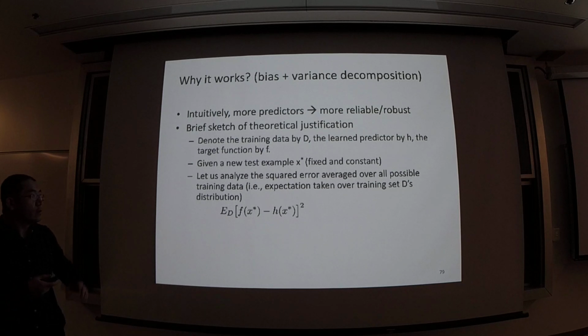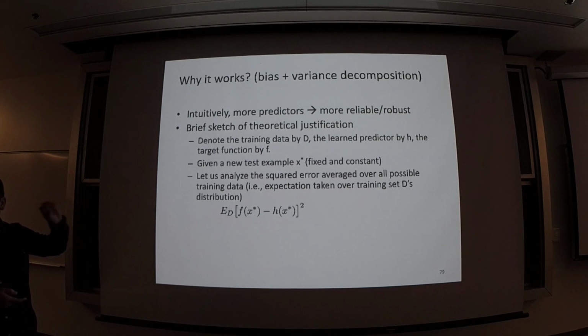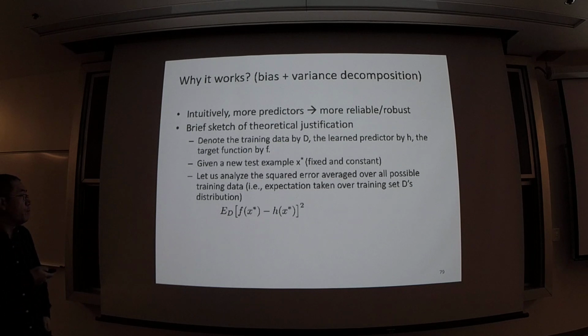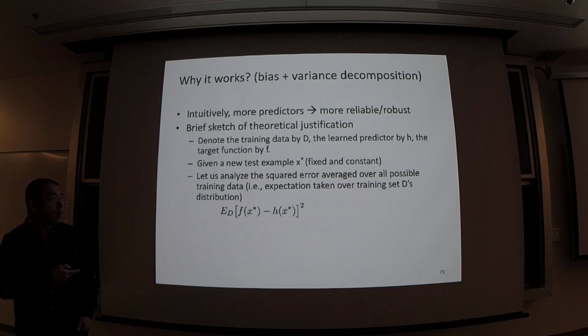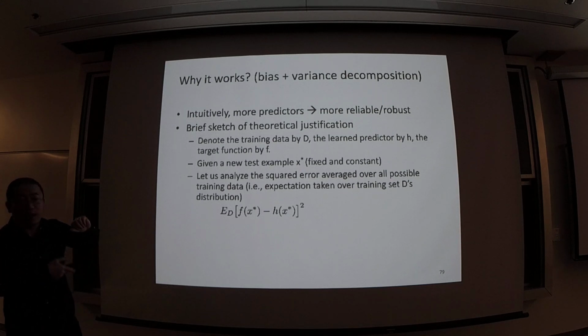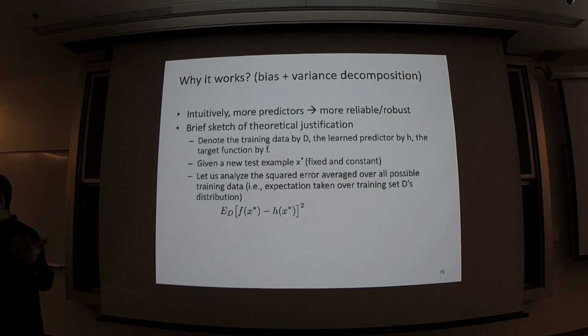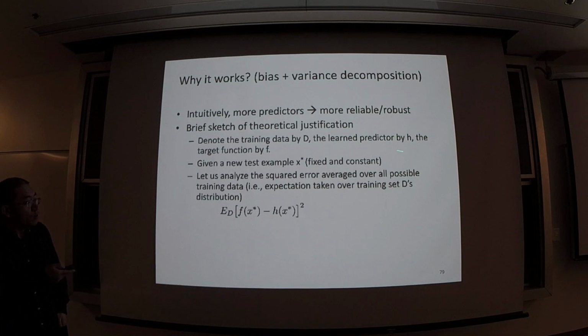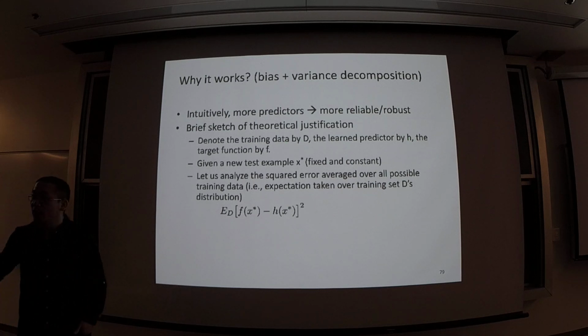Now, be aware that this training procedure has already finished. So now we are given a new test example X star. This X star is fixed and constant, so we do not consider the randomness of this test example. We just assume I randomly pick a test example X star. It's in my hand. Given this X star, how does the performance of my learned classifier H vary along with different sets of training data?